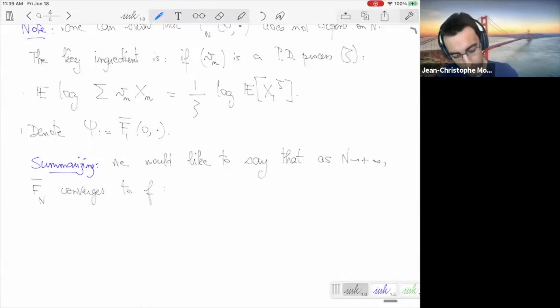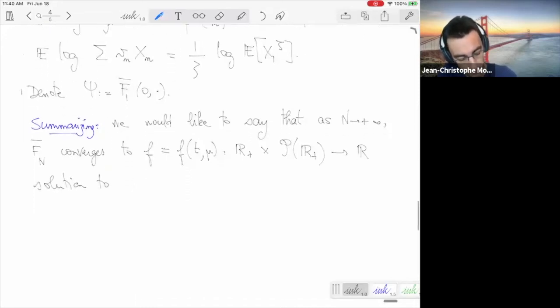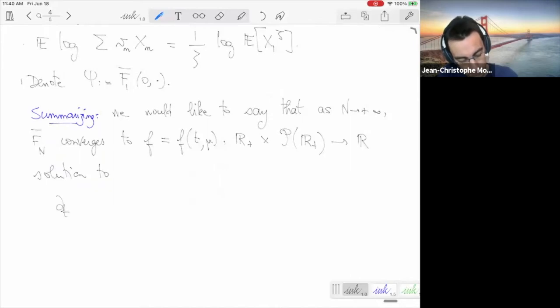So it's going to be a function taking for arguments a non-negative number t, and a probability measure on R plus, taking values in R, which is supposed to solve the equation that we have discovered: partial t f minus the integral of d mu of f squared d mu equals 0.